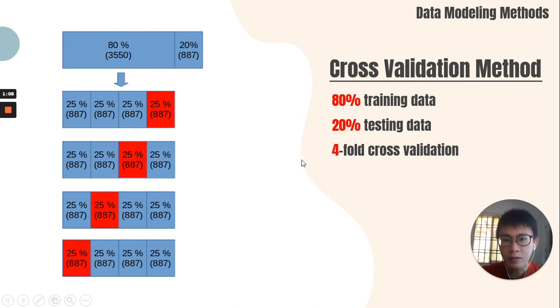So why do we use 4? Because as you can see, the testing data actually consists of 887 instances. So we hope that the internal test set in the cross-validation also has approximately the same number as the holdout test set. So that's why we choose four-fold cross-validation.